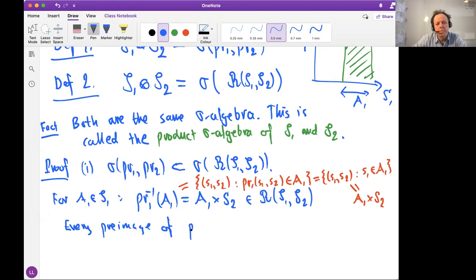Every pre-image of any measurable set by this projection 1 is a rectangle, a measurable rectangle. And especially it is in this sigma algebra generated by these measurable rectangles.